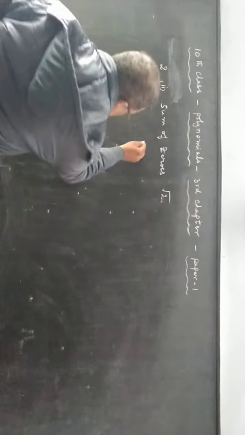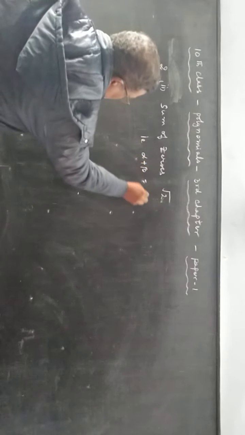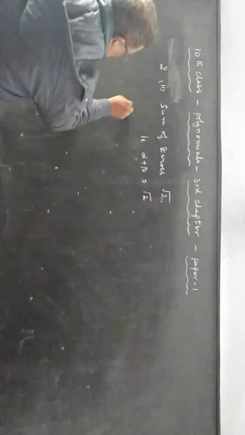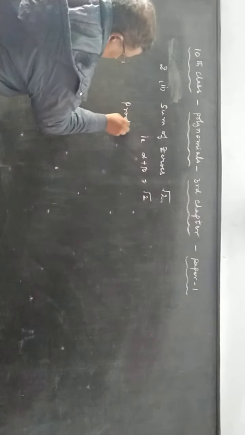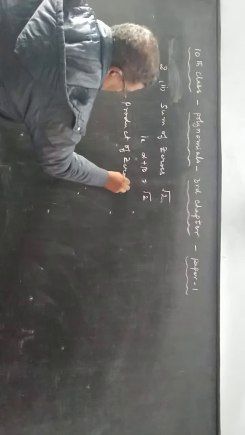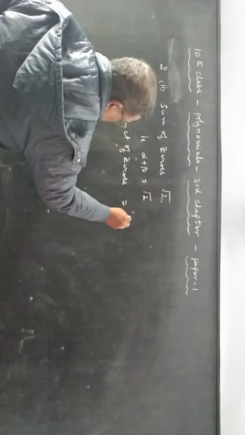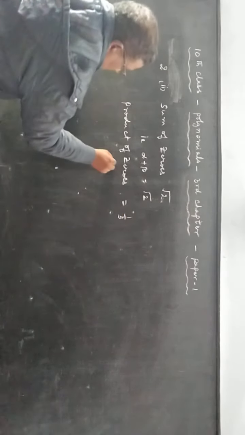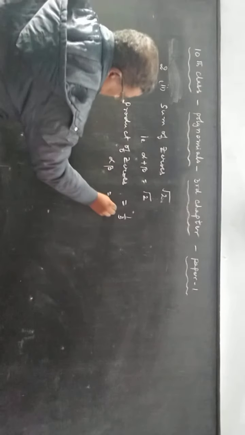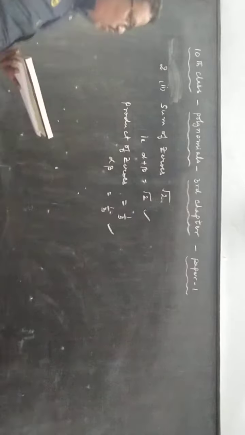Sum of zeros is root 2, that is alpha plus beta is equal to root 2. Product of zeros, that is alpha beta, is how much given? 1 by 3. So alpha beta is equal to 1 by 3, alpha plus beta is root 2.